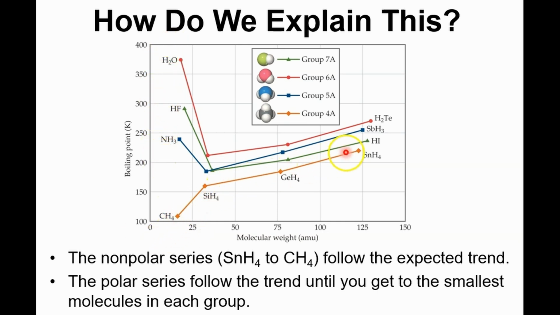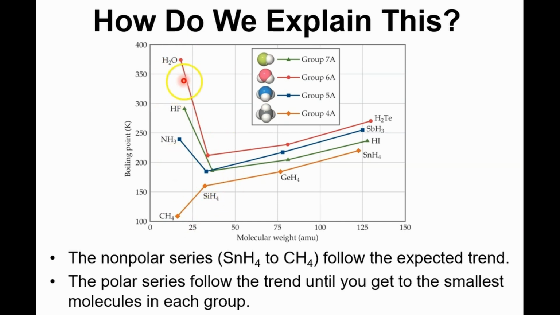So this line here follows our general trend, the nonpolar series of SnH4 down to CH4. They follow the expected trend for London dispersion forces. The London dispersion forces are increasing as we go this way, and the smallest molecule has the lowest boiling point, the weakest intermolecular forces.